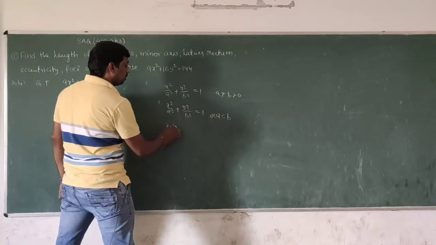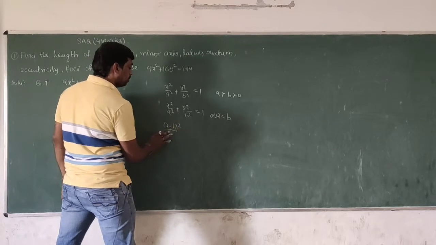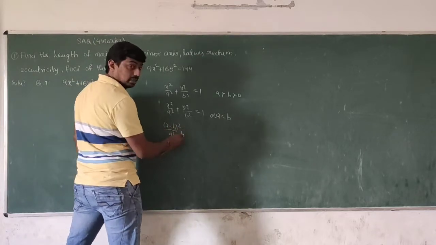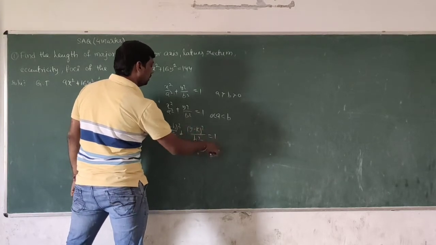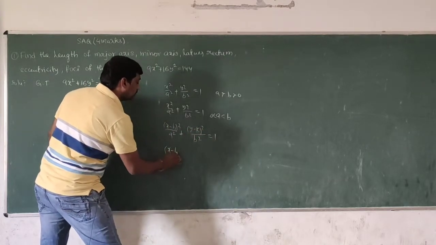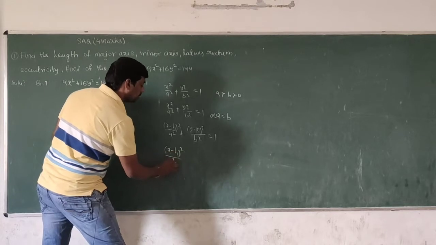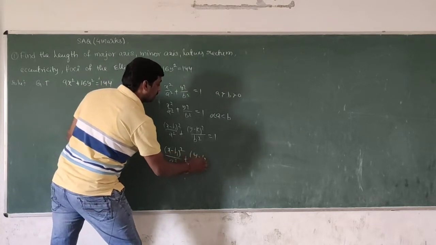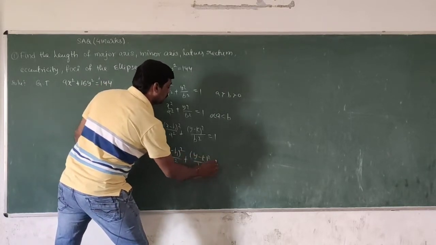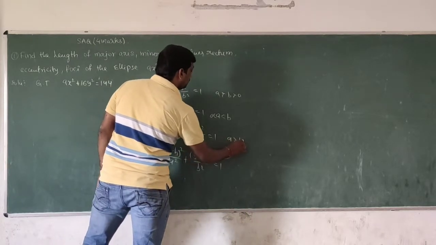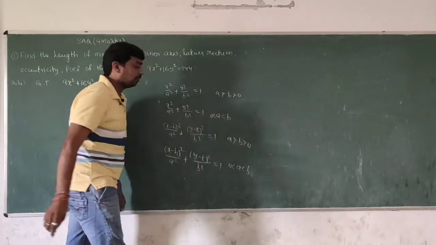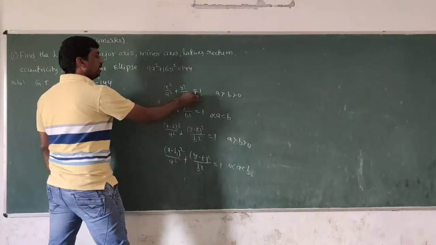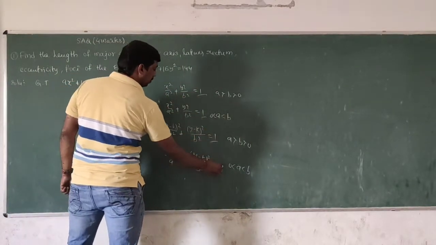Next third case, x minus h whole square by a square plus y minus k whole square by b square equal to 1. Next fourth case also x minus h whole square by a square plus y minus k whole square by b square equal to 1. But here a greater than b greater than 0. Here 0 less than a less than b. What you observe here, in each and every case RHS is 1 only.